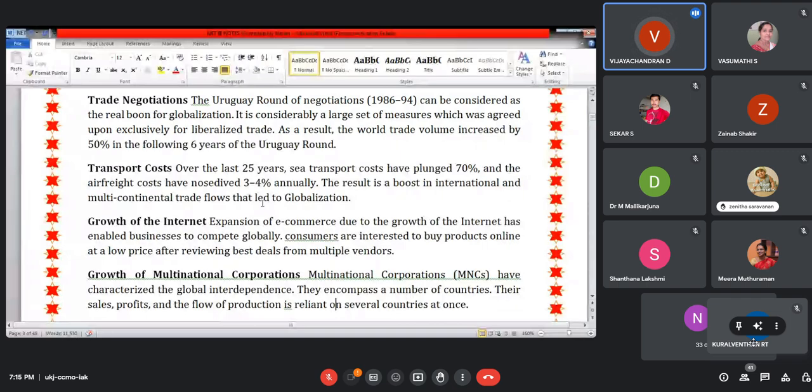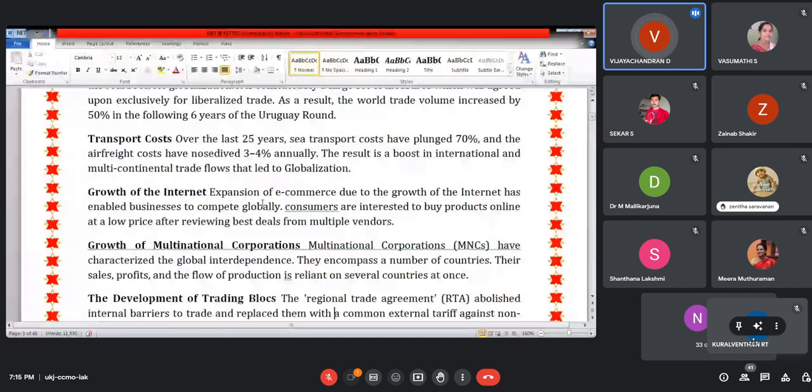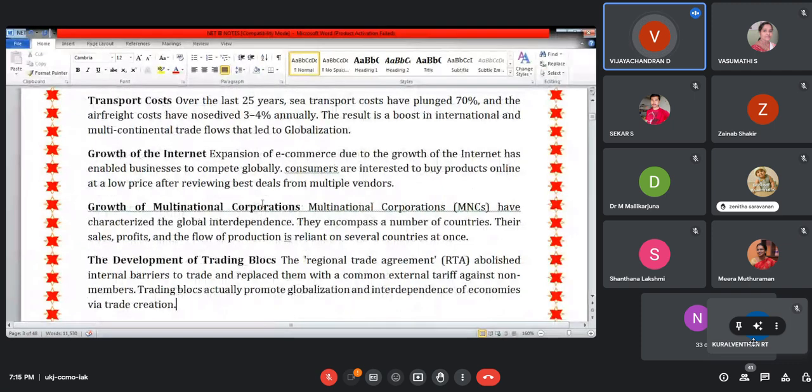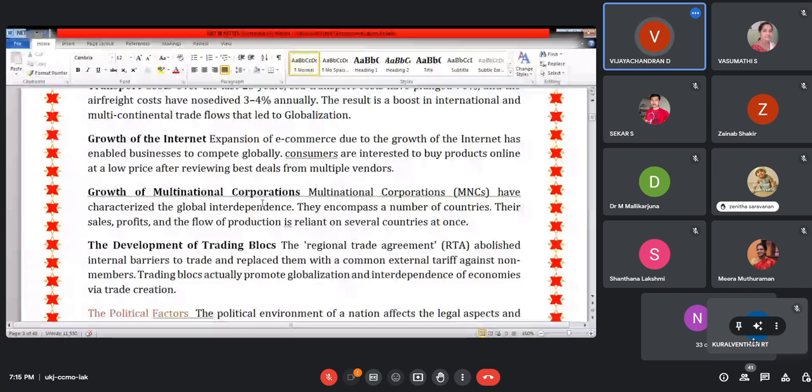And growth of MNCs, also trading blocks. I have to say, trading blocks. So I'll give the meaning of the trading blocks. Then it will be easy to go through the different trading blocks. Repeatedly I'm saying, questions will be asked from trading blocks.